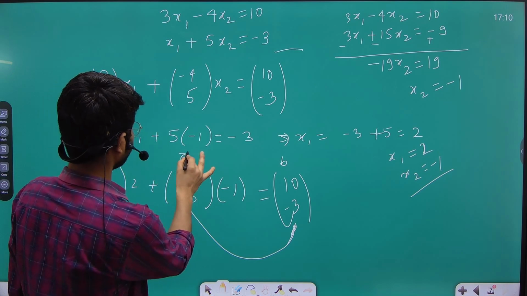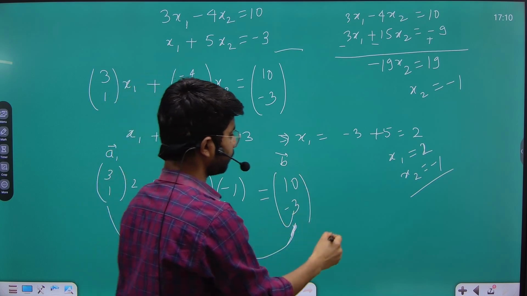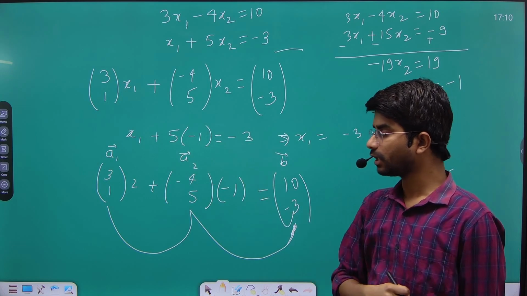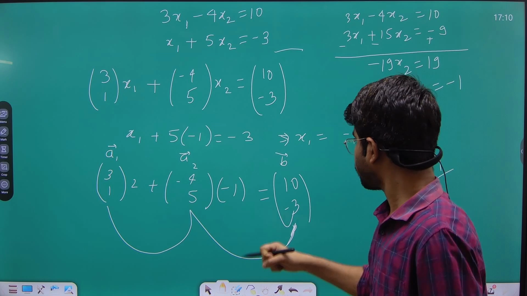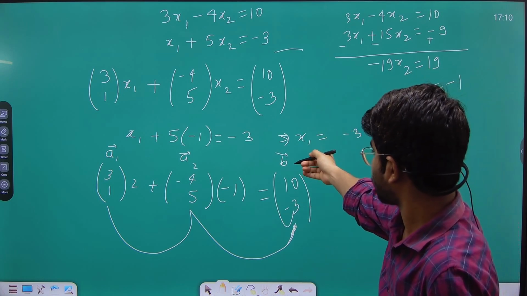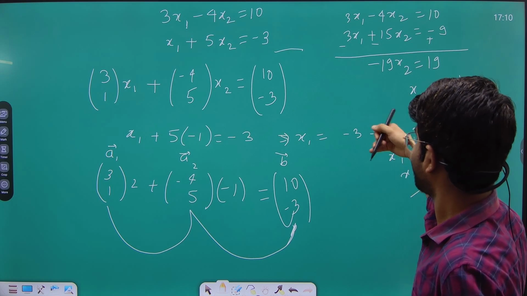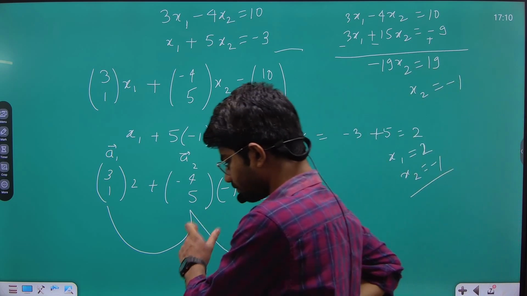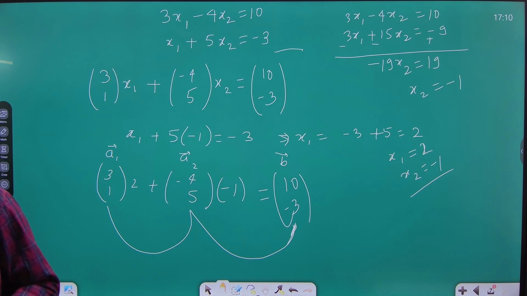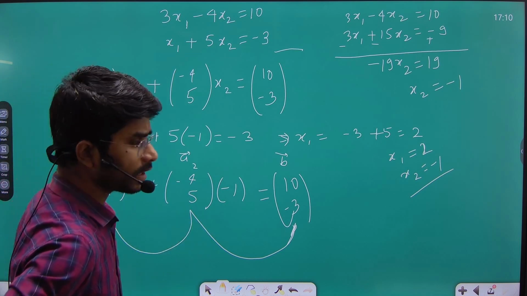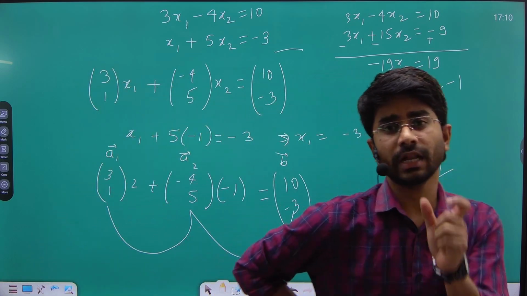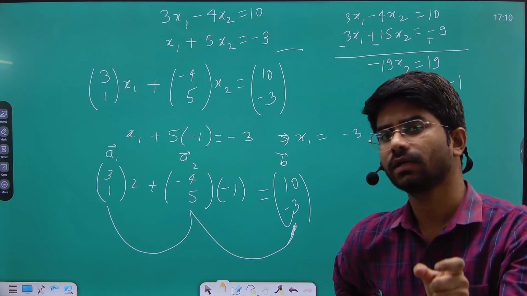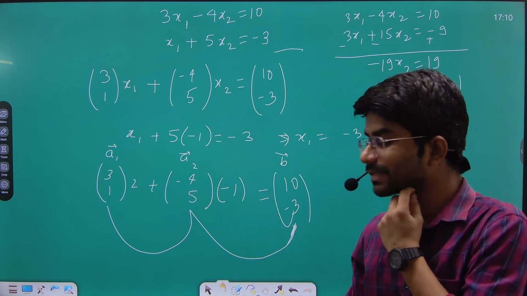So vector B can be represented as a linear combination of the two given vectors A1 and A2, where for the linear combination you were assigning some weights. Which weights? Those weights were the scalar values.